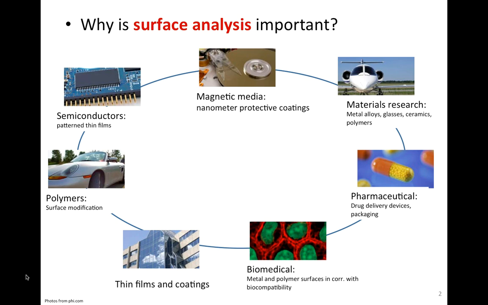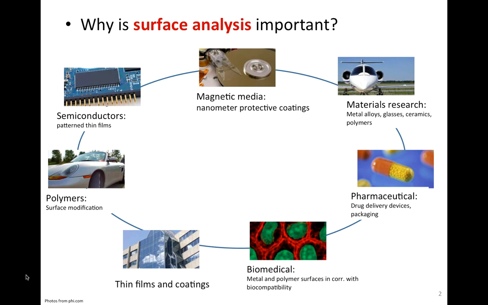And well, why is surface analysis important? As you can see, it is the surface of materials that many times drives the applications and the performance of things. For instance, in semiconductors, you can see this as patterned thin films. In magnetic media, you can see nanometer protective coatings.